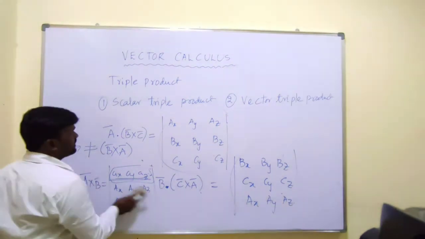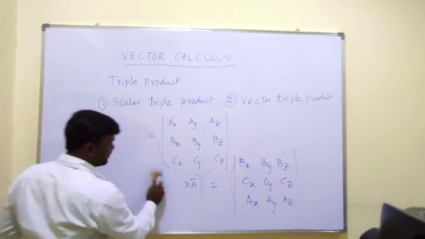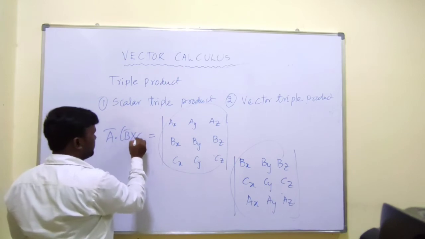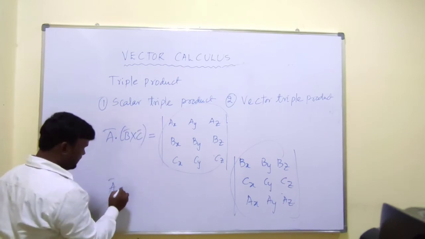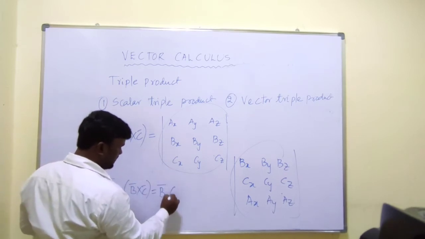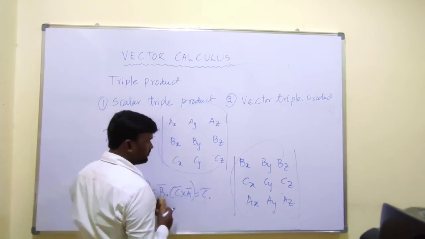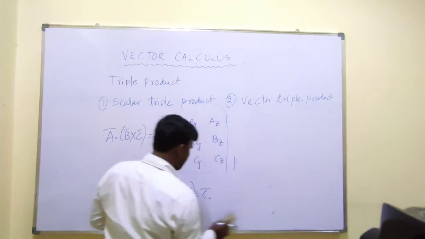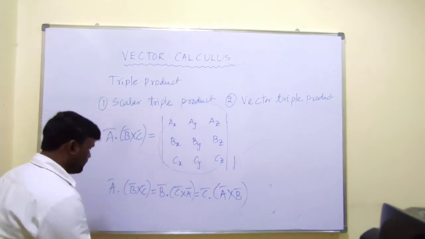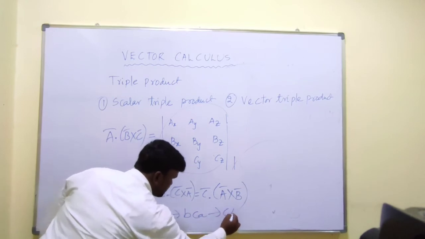So this is about the scalar triple product, which is a bar dot b bar cross c bar, equivalent to b bar dot c bar cross a bar, equal to c bar dot a bar cross b bar. That is first ABC, next BCA, next CAB.